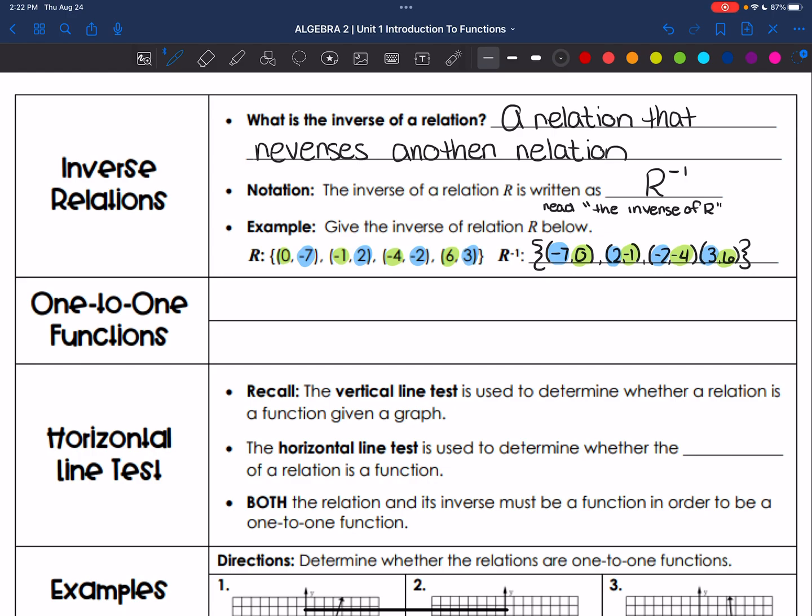Now, a one-to-one function is a function that has what we call a one-to-one relationship.